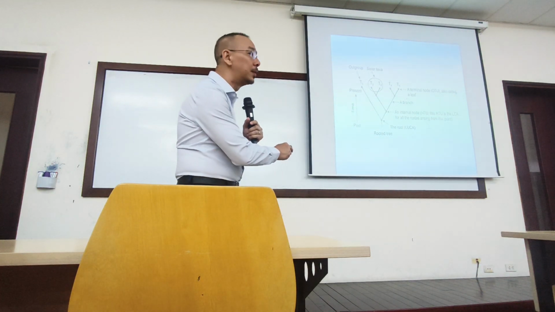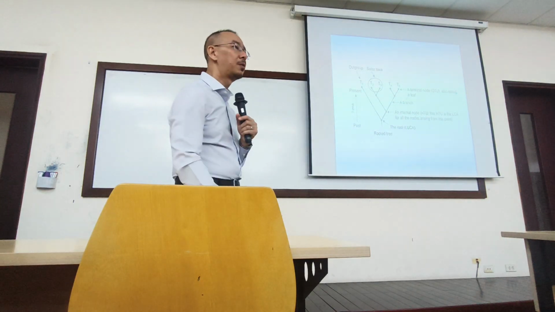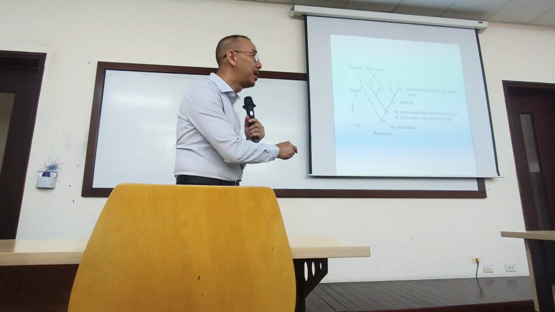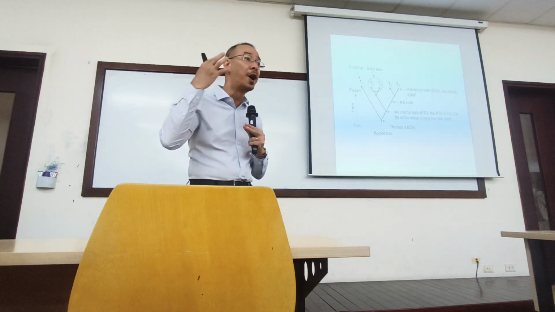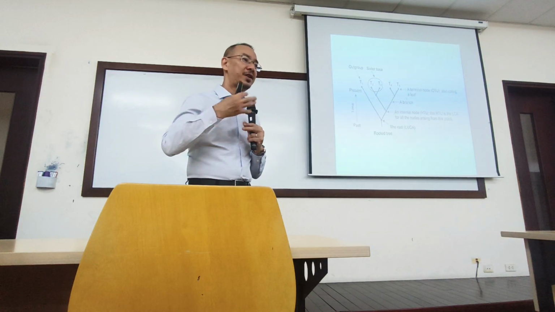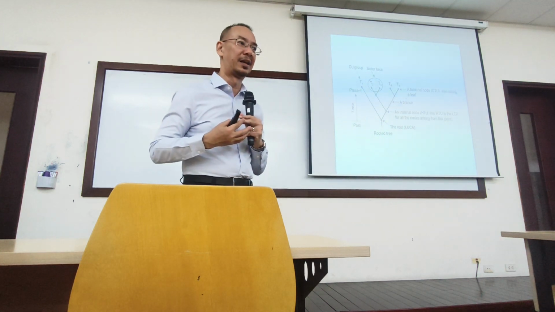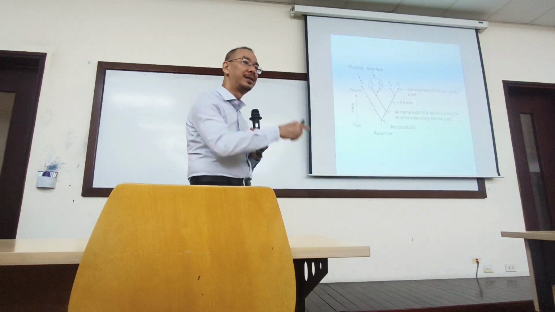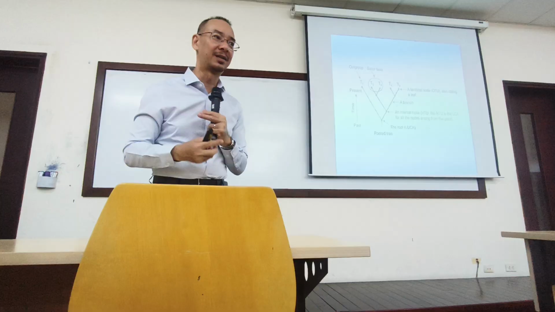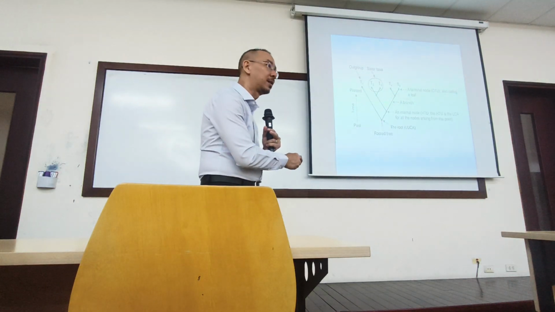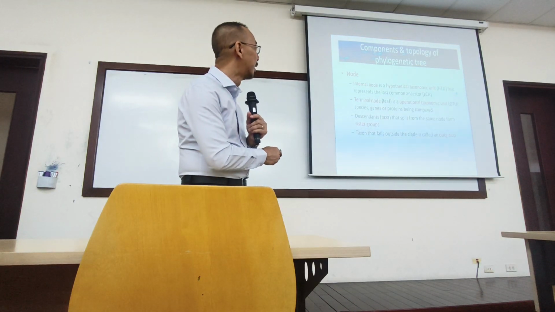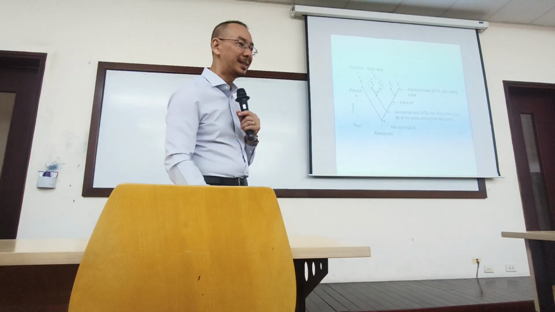For example, T2 human, T3 mouse, we cannot identify what the common ancestor is, monkey or fish. We can only identify a common ancestor, meaning they share high similarity. You cannot identify the specific species. That's why hypothetical taxonomic unit, internal node, represents the common ancestor.